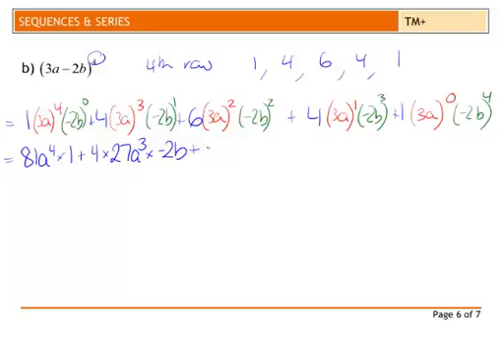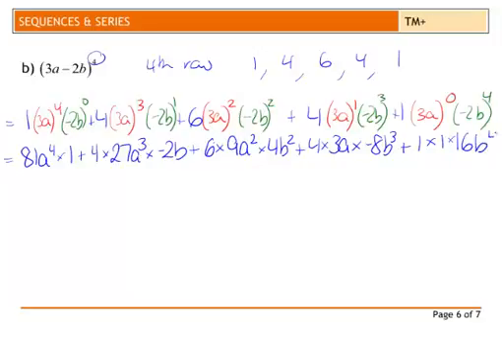Keep going, plus 6 times 3 squared is 9, a squared, times negative 2 all squared is 4, b squared, plus 4 times 3a times negative 2 to the power of 3 is negative 8, so it's negative 8b cubed, plus 1 times, all of this is 1, times negative 2 to the power of 4 is positive 16b to the 4. So that becomes 81a to the 4.